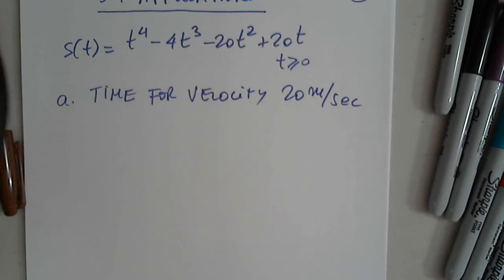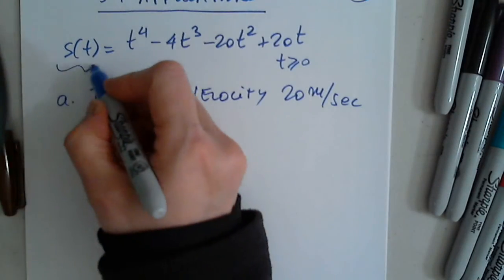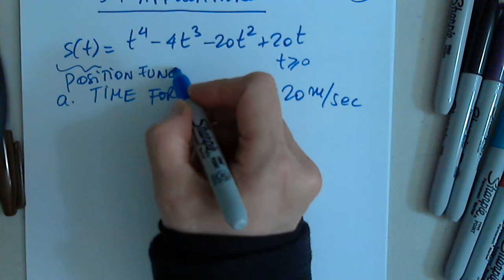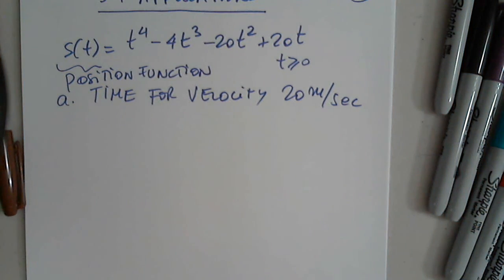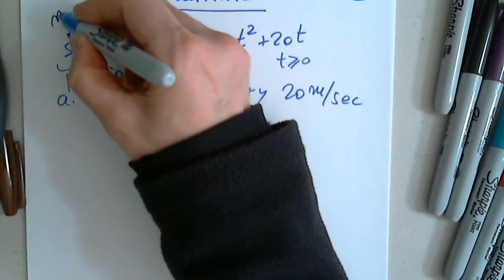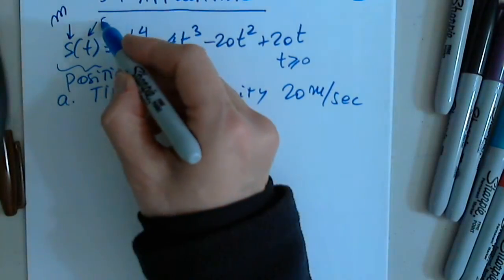We are given the distance formula, or position function if you want. We are told that obviously we are talking about meters per second, so the distance is measured in meters and the time is measured in seconds.